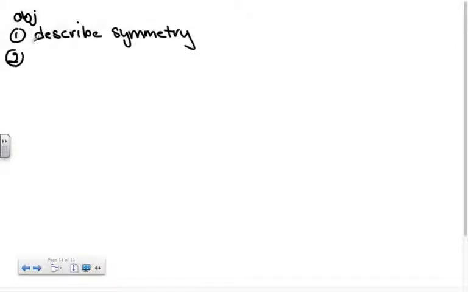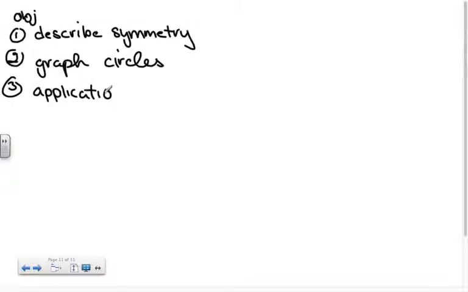Second goal is to graph circles. And lastly, I want to do applications. Okay? So we're still on section 1.1 of the book.